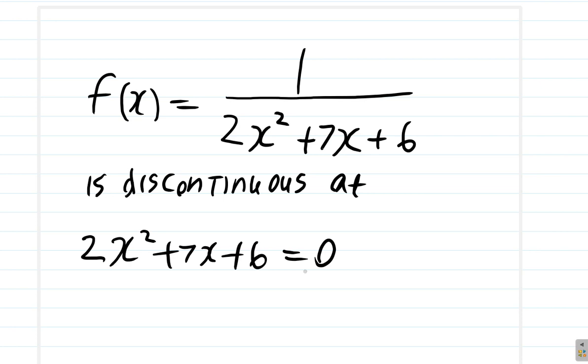Now, what method are we going to use? Could we use factorization? Let me see something. 2 times 6 is 12. Can we find two numbers that multiply to give you 12 and add to give 7? Let's see. You have 12 and 1. That wouldn't work.